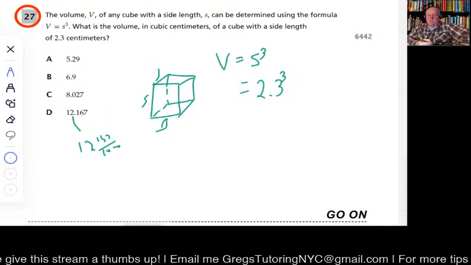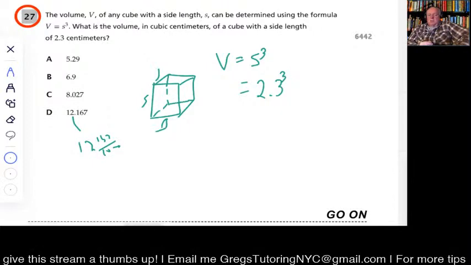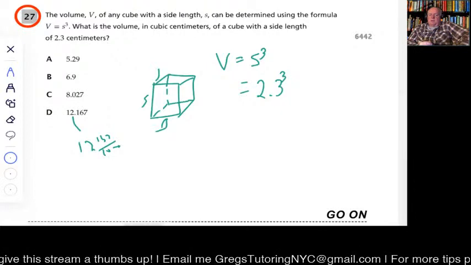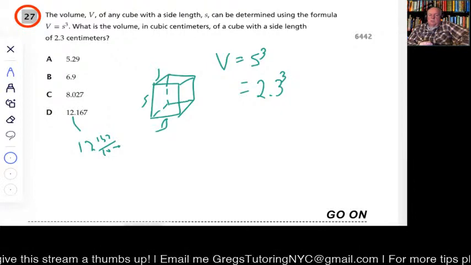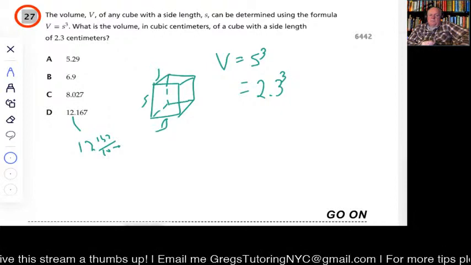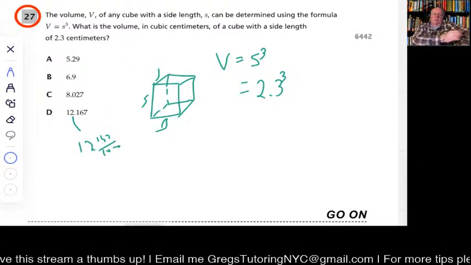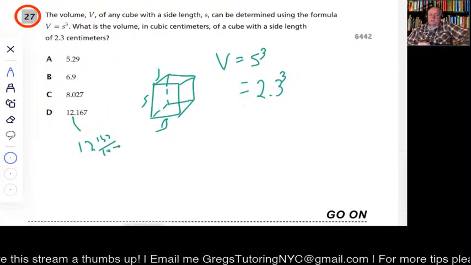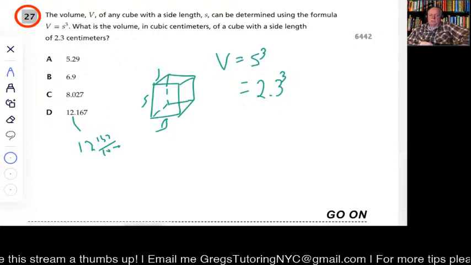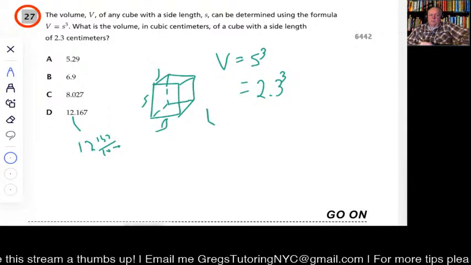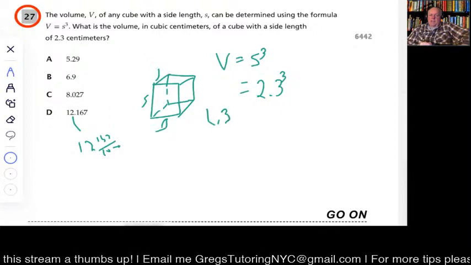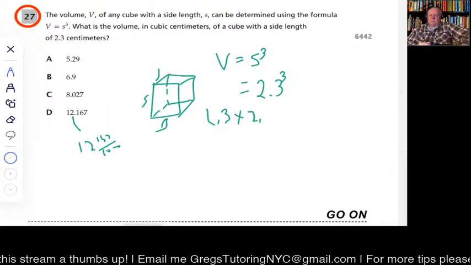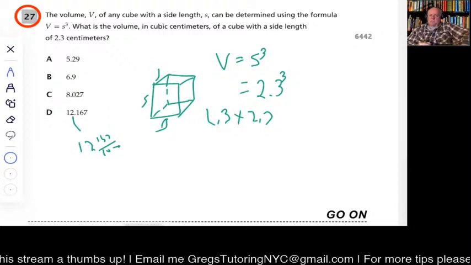This is not a comma, it's a point. So be careful when you're looking at your test papers or your problem on your screen or your Khan Academy, whatever you're looking at. Just make sure you're being clear on that. All right? So what we actually have to do now is sweat this out, because this means 2.3 times 2.3 times 2.3.